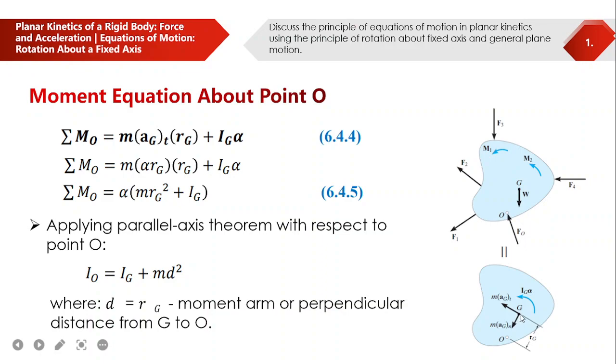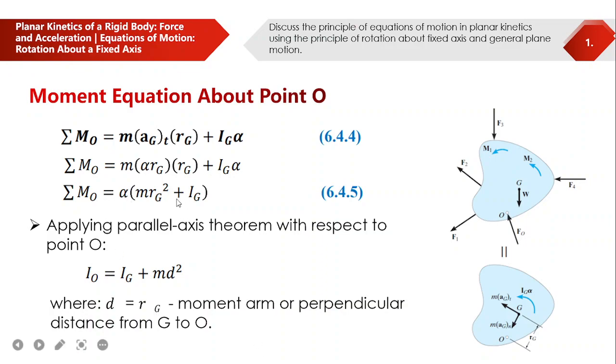Parallel siya sa point G or body's center of mass, yung point O. So we can use parallel axis theorem. So parallel axis theorem says that I sub O is equal to I sub G plus md squared, or the mass times the distance between the points squared, and then you can have your moment of inertia at that point, at any point. Okay?